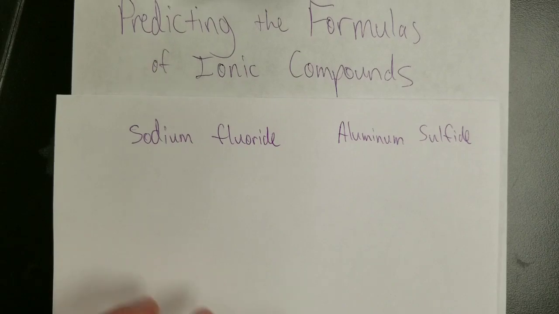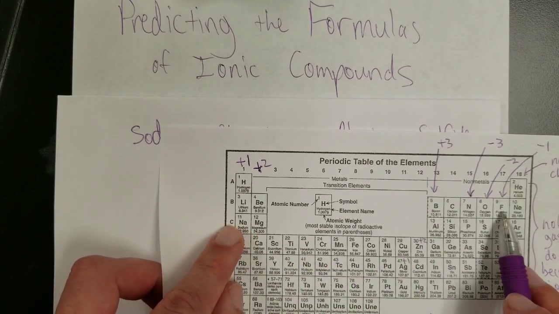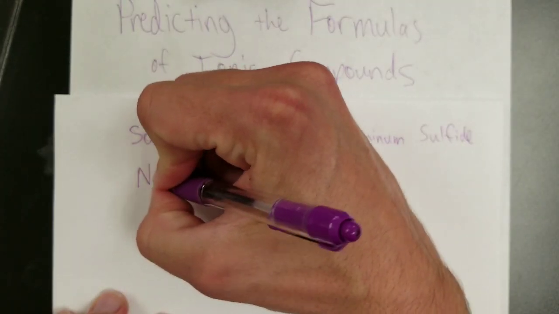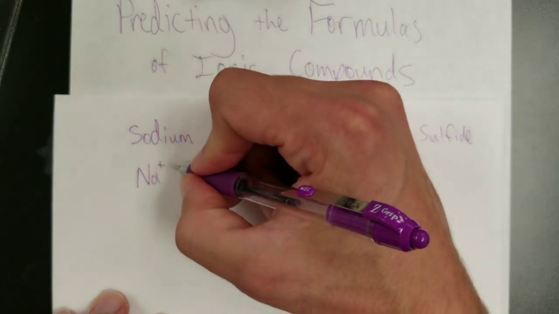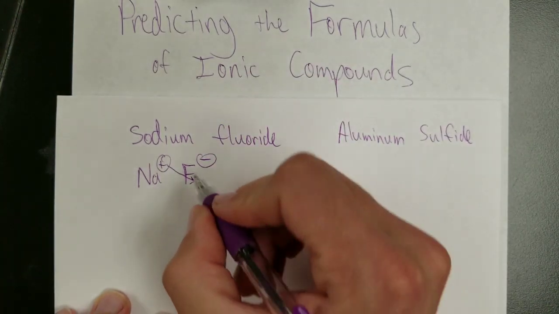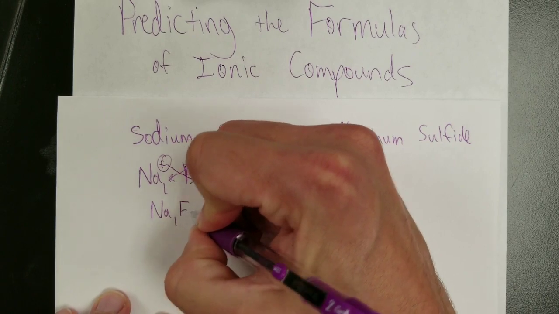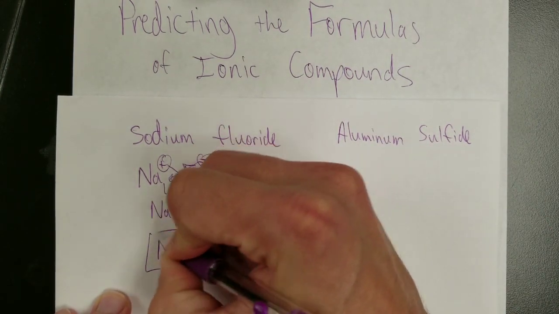Okay, sodium fluoride, I looked them up on the periodic table. Sodium is a +1. Fluorine is a -1. All right, so I can say sodium plus, fluorine minus. The same idea works. I take that 1 and put it down there. I take that 1 and put it down there. 1 sodium, 1 fluorine, which means the actual formula is this.